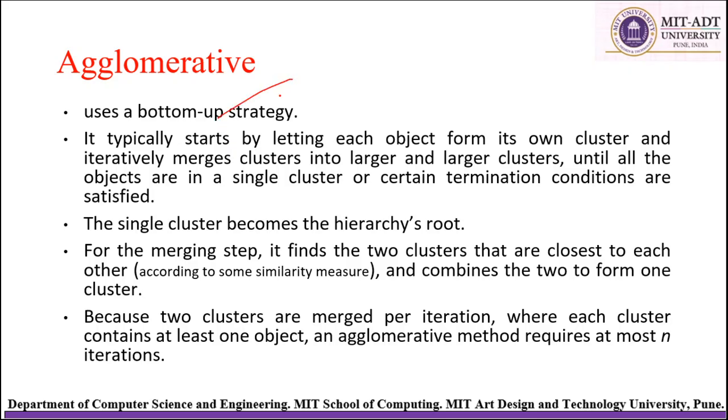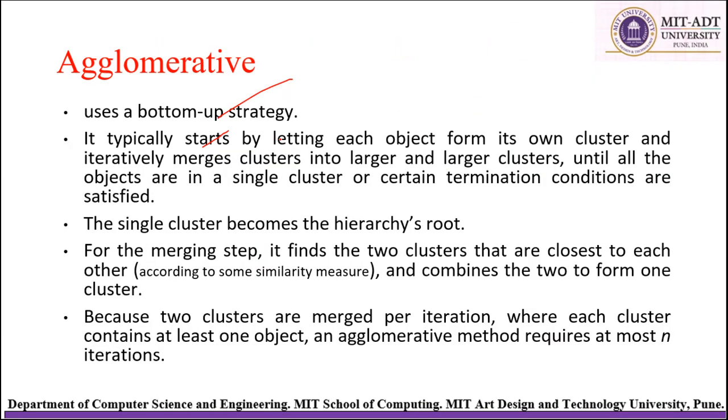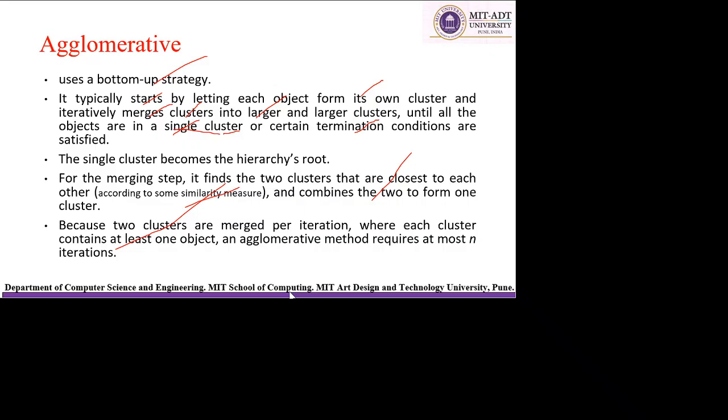So the bottom-up approach starts with each object as its own cluster, and then we iteratively merge these small clusters into larger clusters, until we get a single cluster or some stopping criterion is reached, or we have the same clusters generated in consecutive iterations, so we stop.